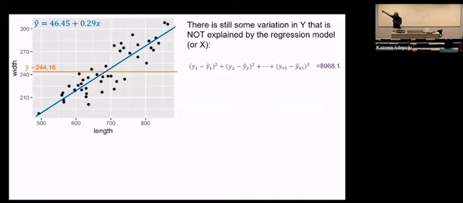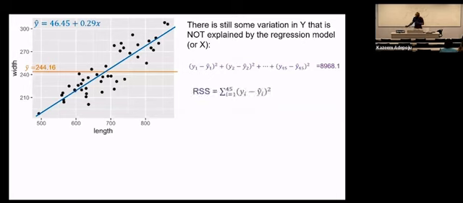You're going to square that, and that is the reason it's called sum of square residual, or sum of square error, because we square the difference and we sum them up. So what do we have? That is 8,968.1. As you can see now, the unexplained variation is very, very small. You see that?